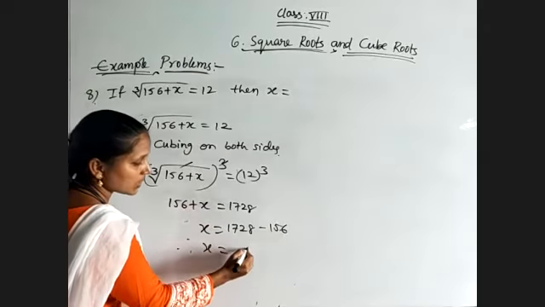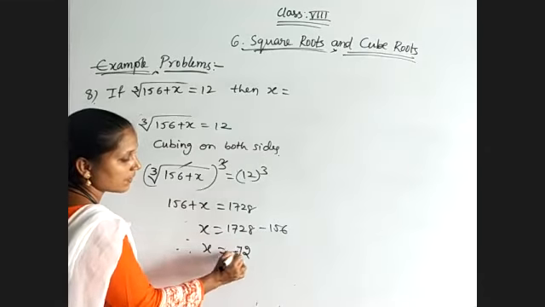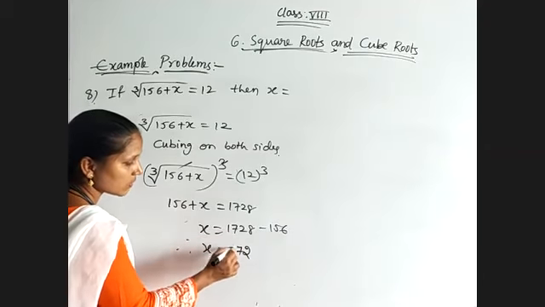That's all. So x is equal to... 8 minus 6 is equal to 2. 12 minus 5 is 7. 6 minus 1 is 5.